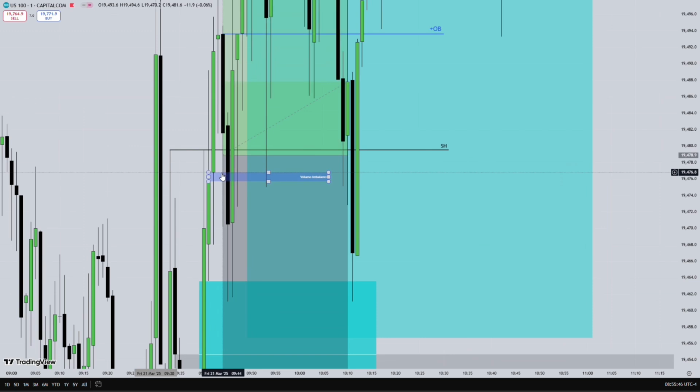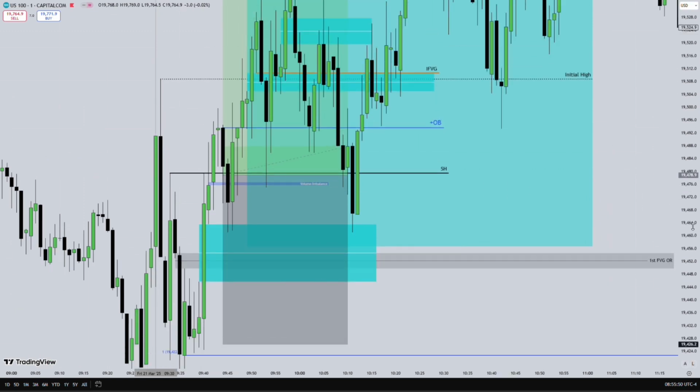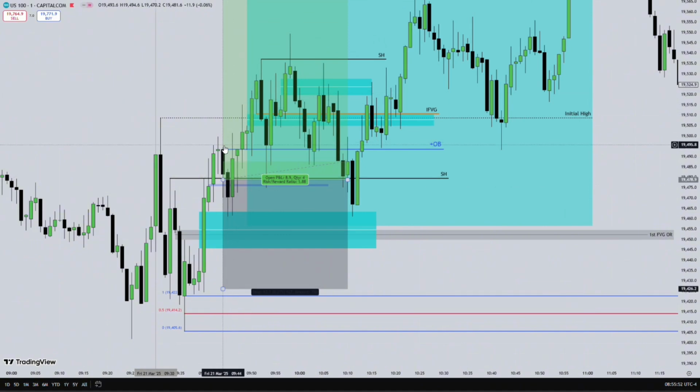I traded at this tiny volume imbalance because I was concerned that price was going to be very volatile and trade higher, but this was not the case. As we can see, it consolidated for a really long time around my entry, so this is where I entered, but that was, as we can see, wrong.